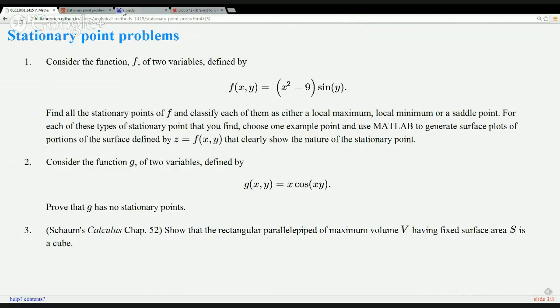And the y derivative, well, you're differentiating with respect to y. You treat anything involving x as a fixed constant. Indeed, the 9 is a fixed constant. So what we see is just some fixed constant multiplied by sine. Well, that's going to have the derivative x squared minus 9 times whatever the derivative of sine is with respect to y.